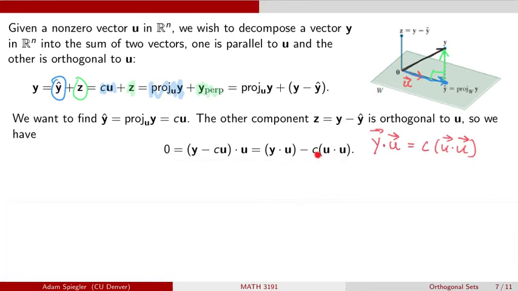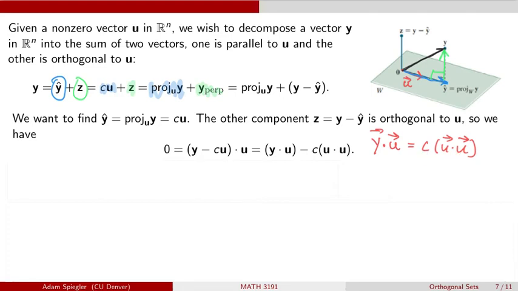Now if I bring this c u dot u to the other side, this gives us the relation that y inner product with u is equal to some scalar c, which is exactly the c that we need to find in order to find the projection of y onto u, times u inner product with u.